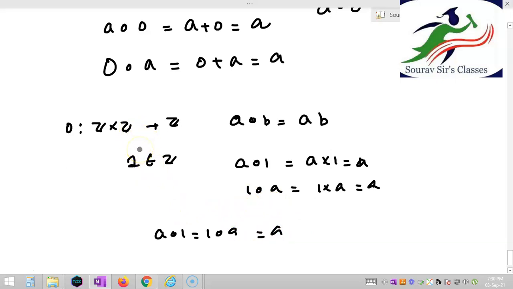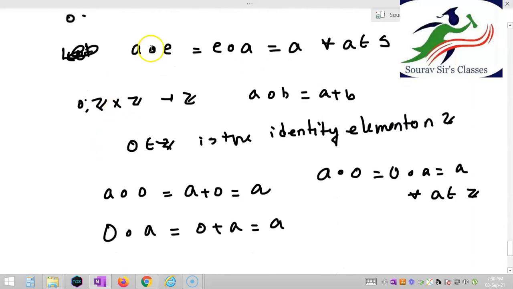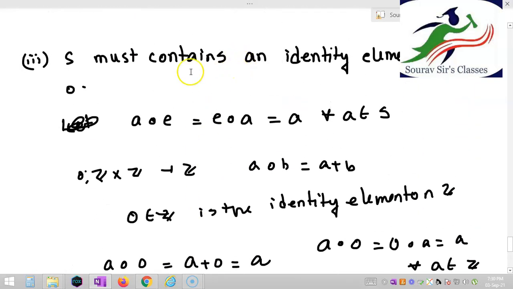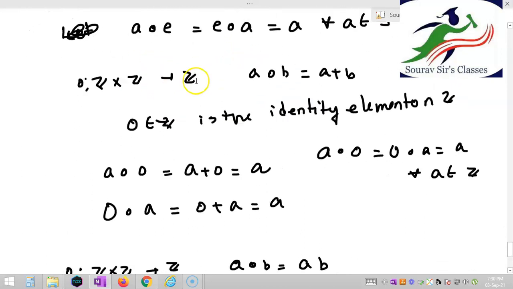It means if you change the binary operation, you will get different identity elements. But for a fixed binary operation, S must contain an identity element with respect to that binary operation.